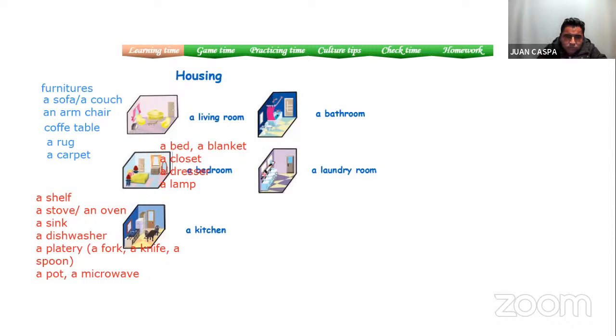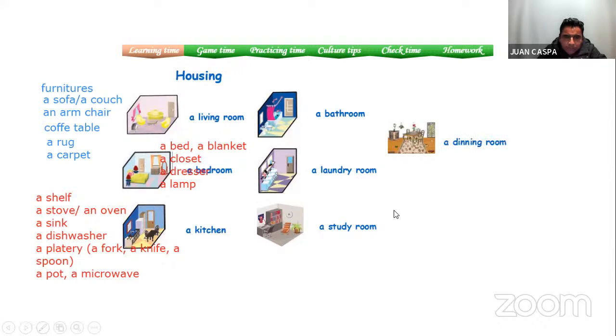We can have soap, right, to wash your clothes and something like that. Then we have a study room, right? In a study room, we're gonna have your books, a desk, a computer, bookshelf, maybe a plant, a poster, okay, something like that. And a dining room, the place where you eat, you have some lunch or dinner, right?